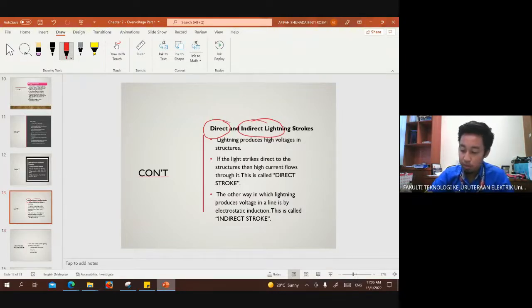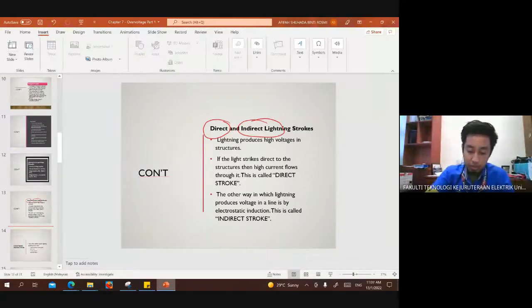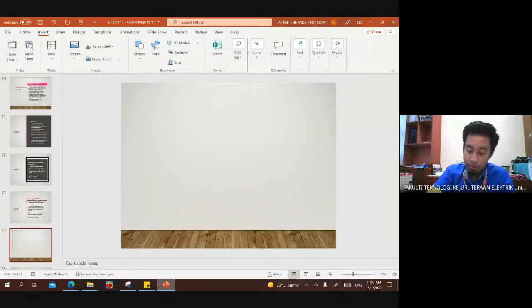So how does it occur? What is the difference between direct and indirect lightning stroke? Maybe I can do some rough explanation here. Okay, so this is for the direct stroke.